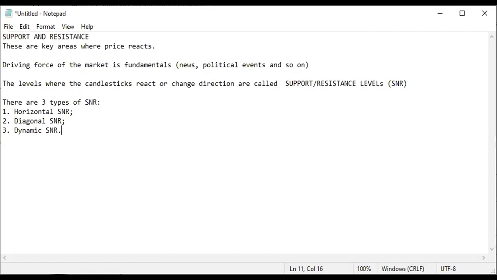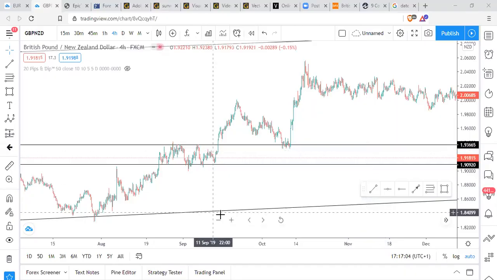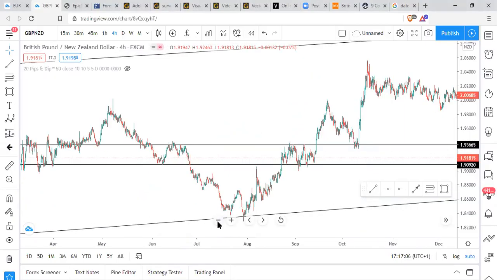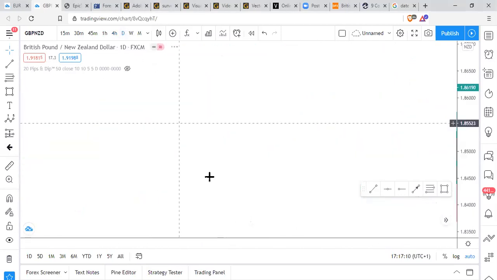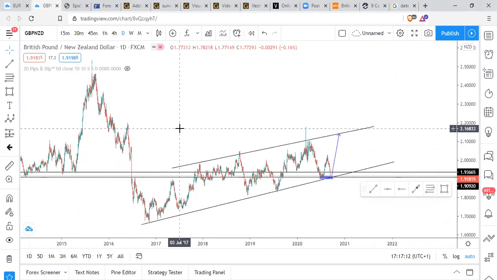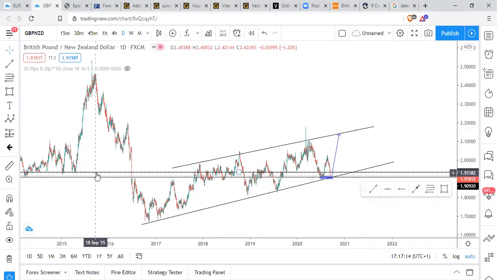So quickly, let me just show you guys what I mean by horizontal, diagonal, and dynamic. Let me share this. When I say horizontal SNR, this is what I mean. Let me go to my daily charts first. By horizontal, I mean these horizontal lines here, these two.